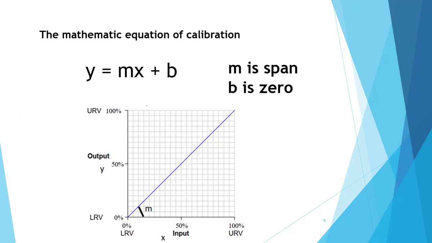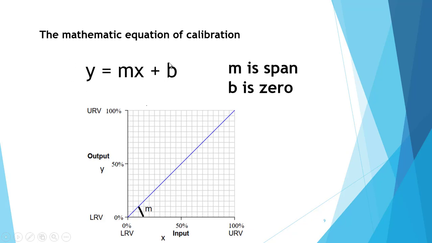This is the mathematical equation of calibration. Calibration is linear, always linear. The equation is y equals mx plus b.